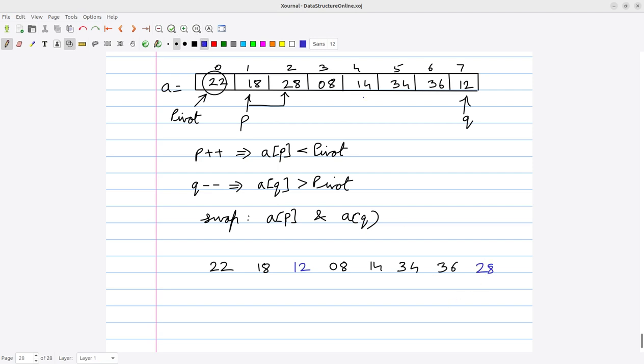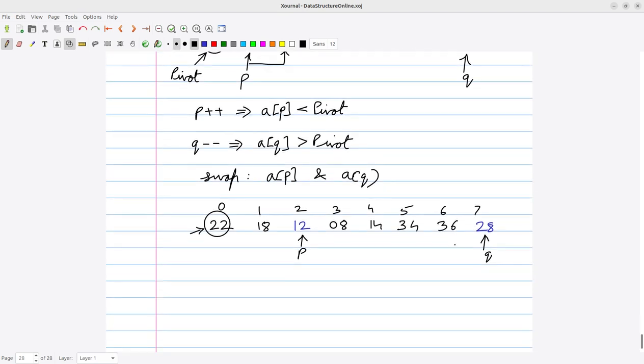This is what we have swapped, but the positions of pointers P and Q remain the same. So P is still at index 2 and Q is still at index 7, and the pivot element is at index 0. If I rewrite the indices, it's index 0, 1, 2, 3, 4, 5, 6 and 7.